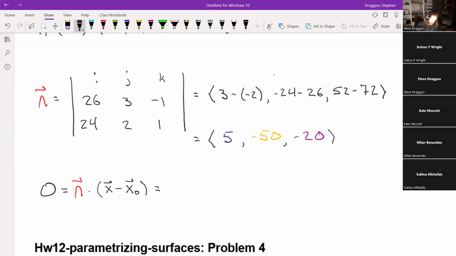So it looks like 5 times x minus negative 2, call that x plus 2, minus 50 times y minus negative 4, minus 20 times z minus 2.